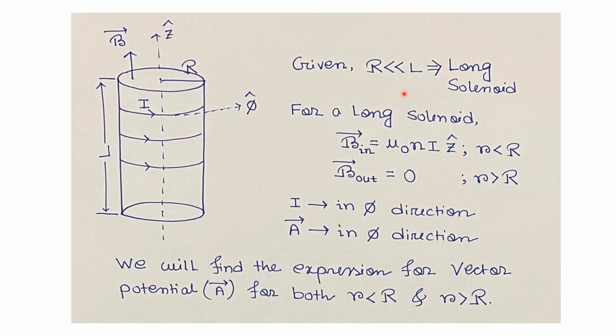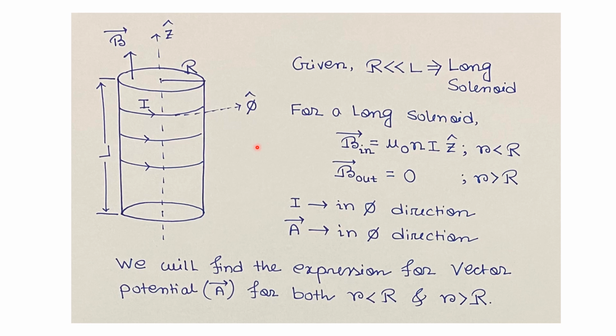Now we know for a long solenoid the magnetic field inside the solenoid will be constant, and that is given by mu naught N I z cap, where mu naught is the magnetic permeability of vacuum, N is the number of turns per unit length and I is the current flowing through the solenoid.